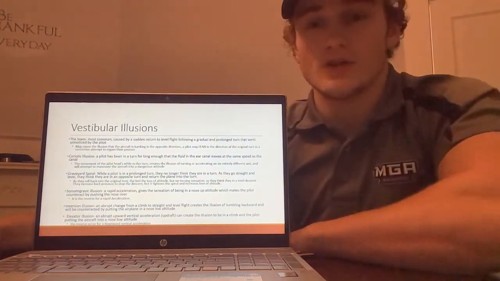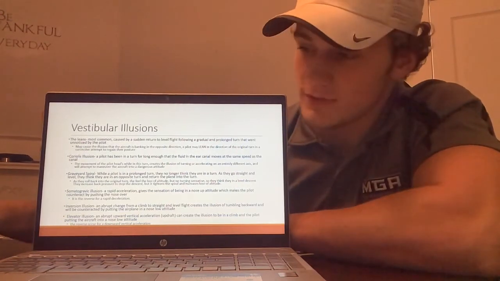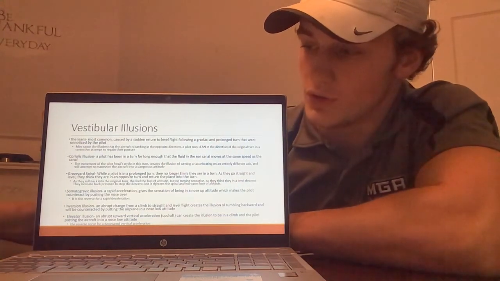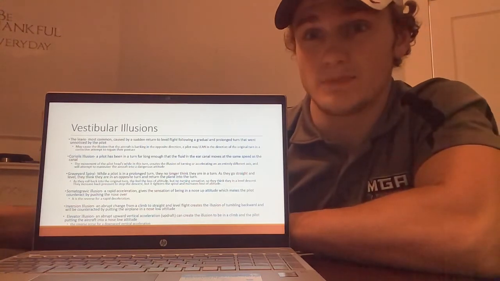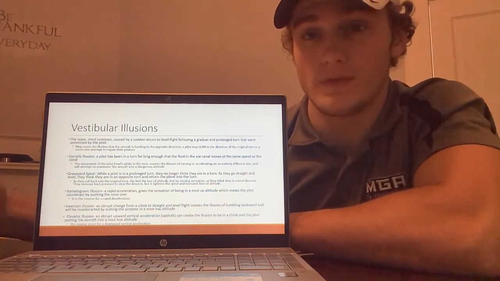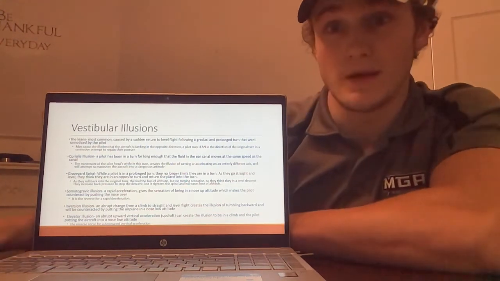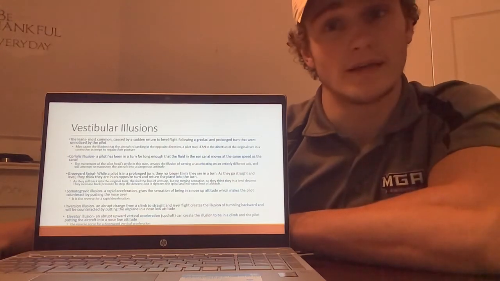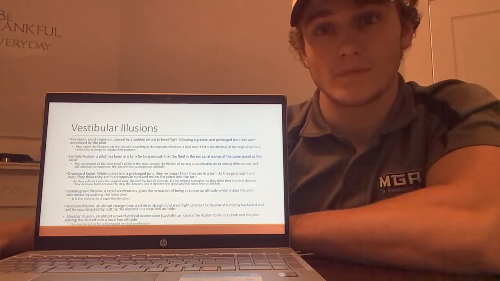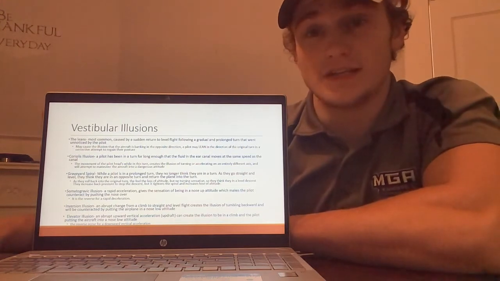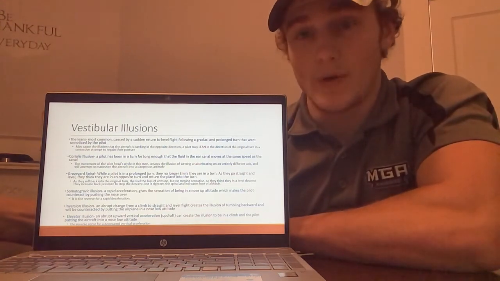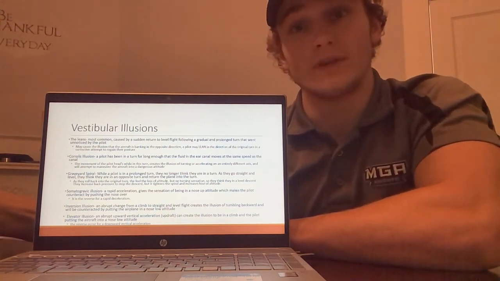The next one is the graveyard spiral. While you're in a prolonged turn, you'll go through the leans. After you make it straight and level, you'll feel the need to go back into the turn. However, when you go back into the turn, you feel like you're straight and level.